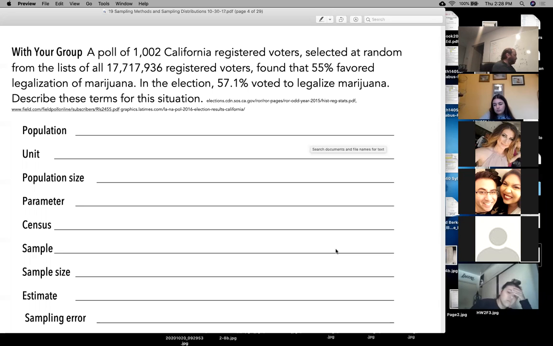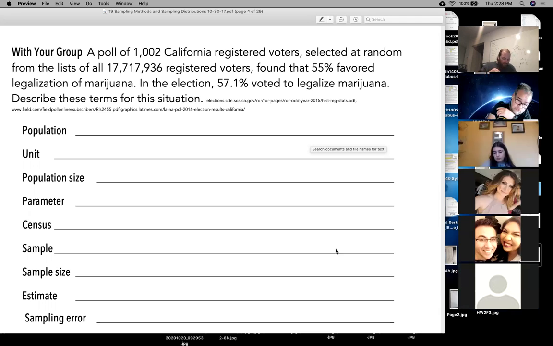So, what's the population? 17 million voters. Which voters? The poll voters? The population is 17,717,936 registered voters.